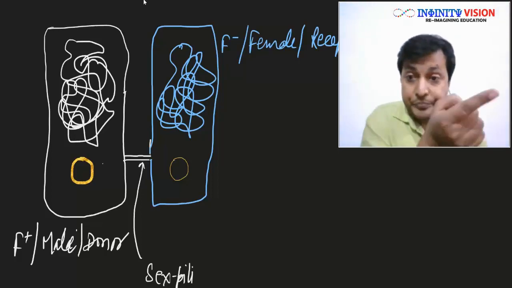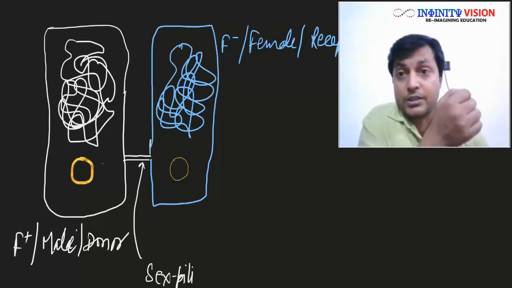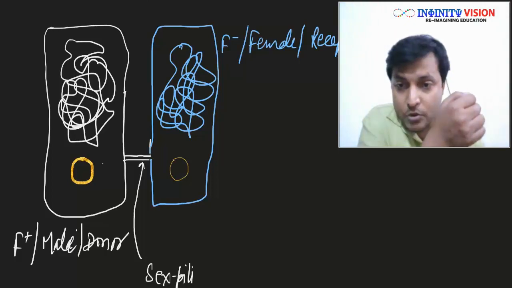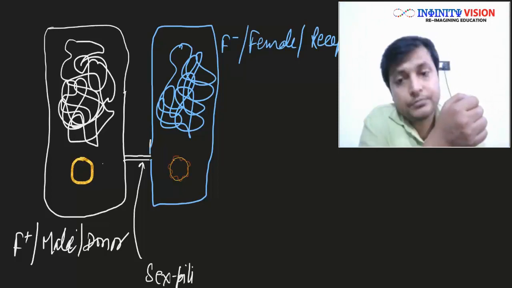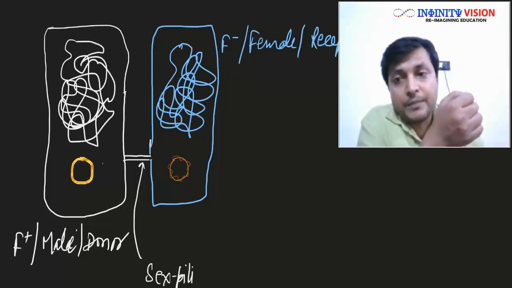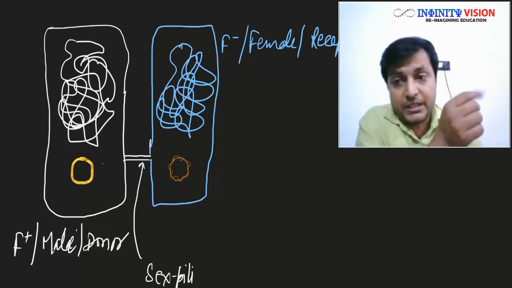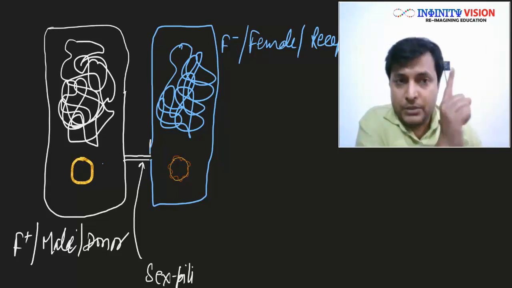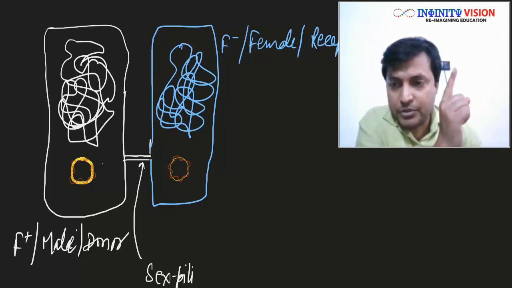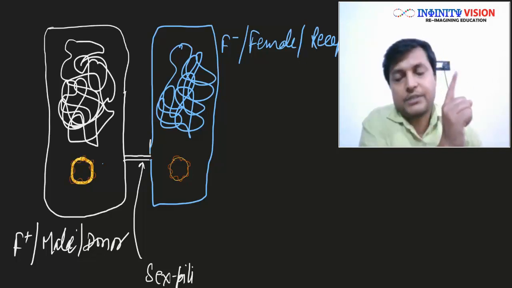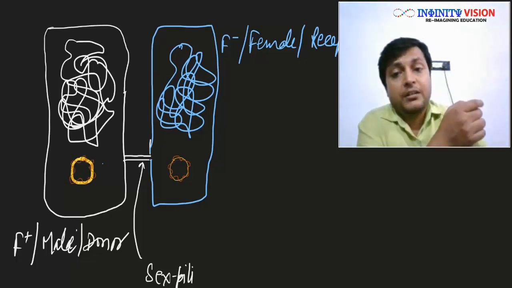And on this circular structure, a second strand of DNA is formed. Okay, now similarly in the F plus previous one bacterium, only one strand is left. Again here also the next strand is formed on the previous strand, so this also becomes double stranded.